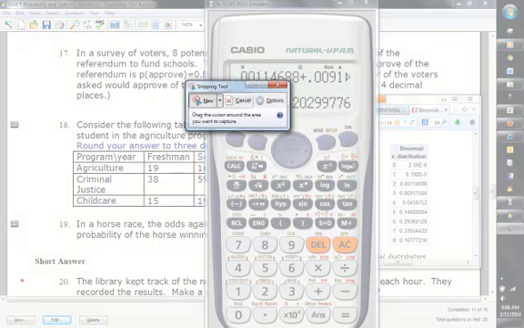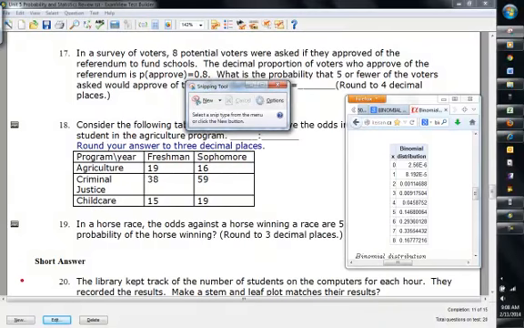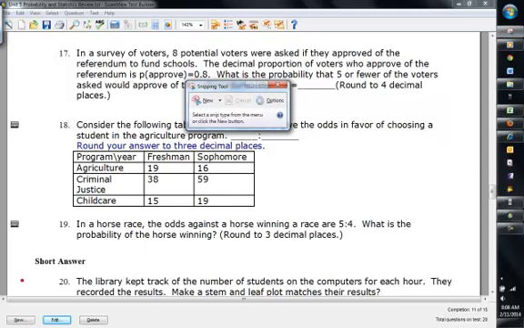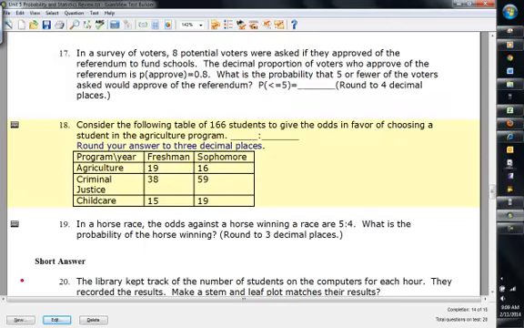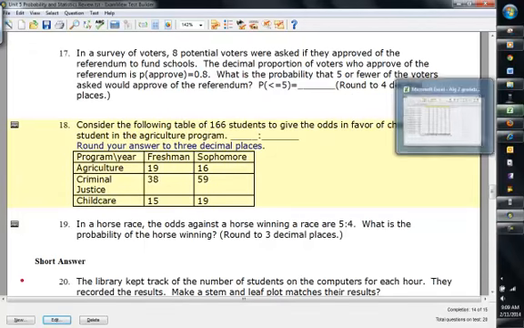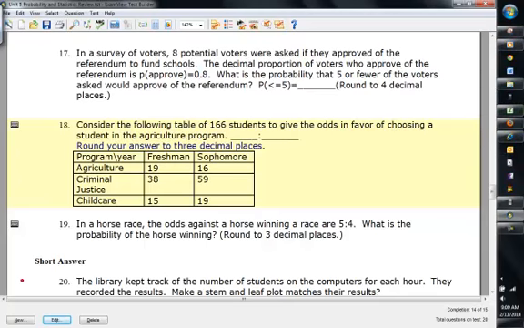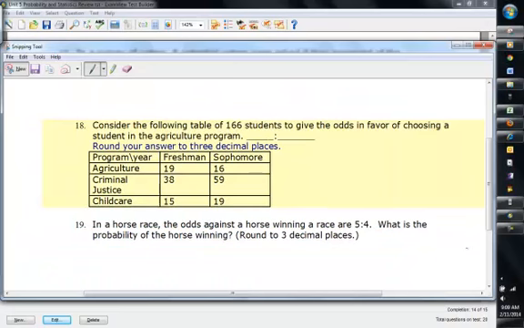Let's get our calculator out of the way. Next one. Consider the following table of 166. Give the odds in favor of choosing a student in the ag program. So we've got ag students versus non-ag students.